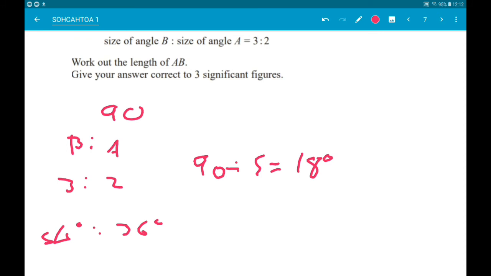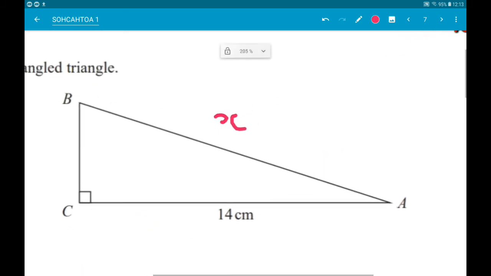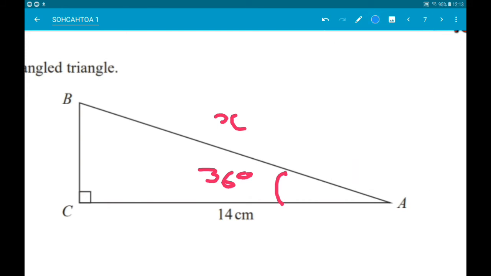So we can play with either one. I'm going to use angle A. Okay, so now that we know that, it's now a game of SOHCAHTOA.